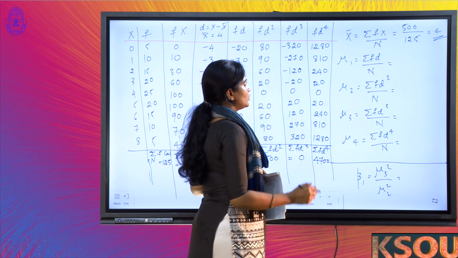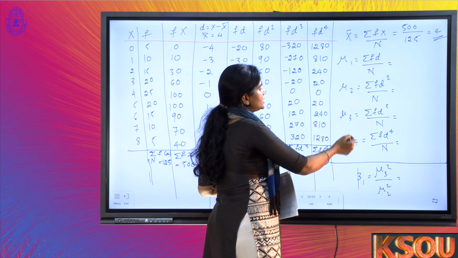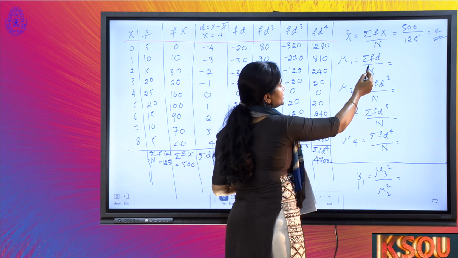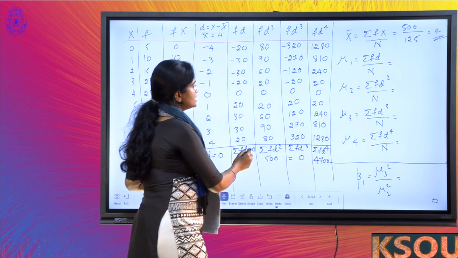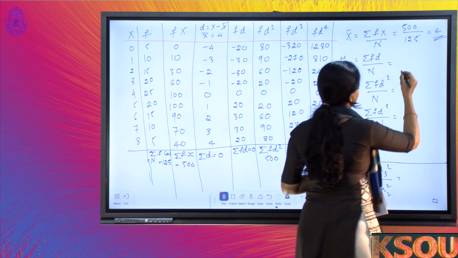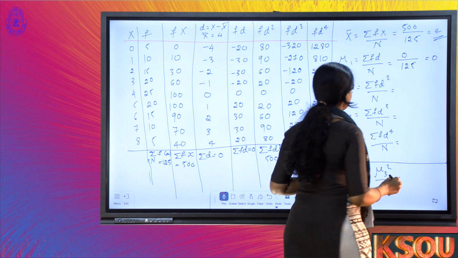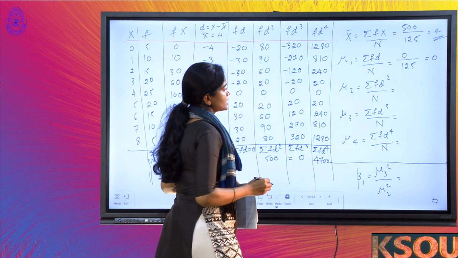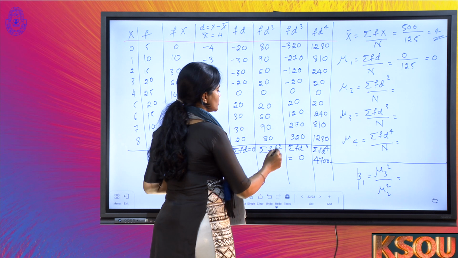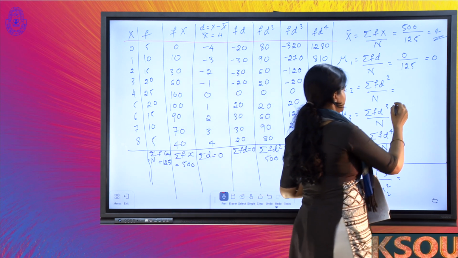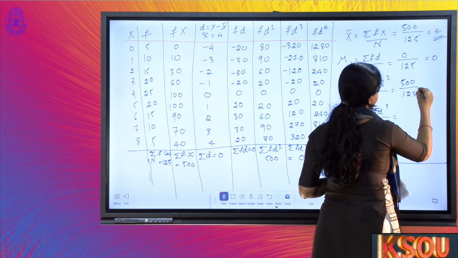Let us calculate the first 4 moments, that is mu1, mu2, mu3, mu4. The formula for mu1 is summation FD by n. What is summation FD? 0. 0 by capital N, which is 125. So, 0 by 125 is 0. Then mu2 is equal to summation FD square by n. Summation FD square is 500. So, 500 by 125.